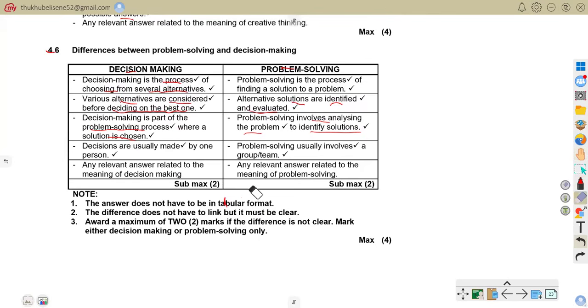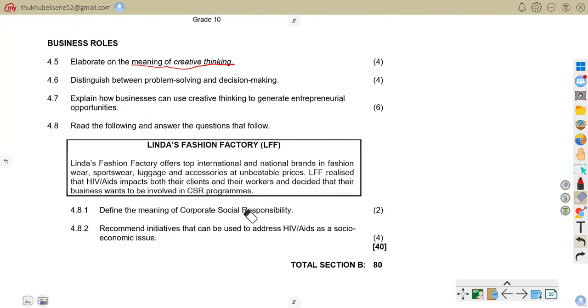4.7. Now we have to explain how business can use creative thinking to generate entrepreneurial opportunities.